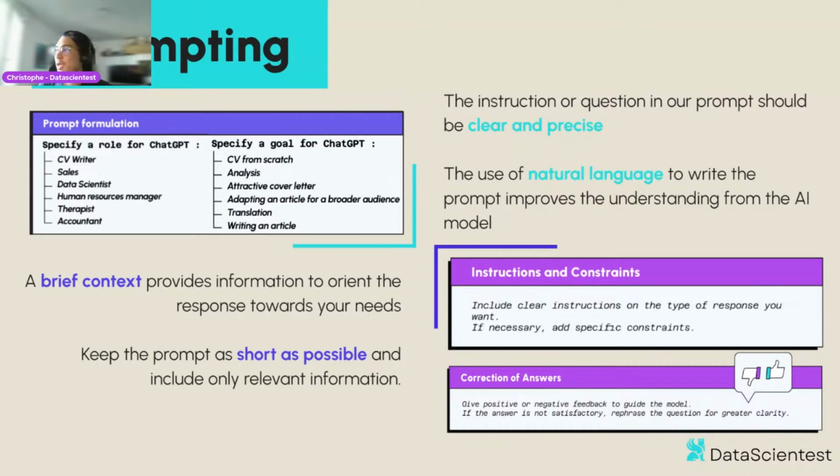So constraints and feedback. Basically, you can give feedback to ChatGPT either by clicking the thumbs up or the thumbs down, or just telling it, like, the answer you gave me was perfect, or the answer you gave me was not that great. And then you iterate on your prompt, you take it back, and then you improve it. Okay?